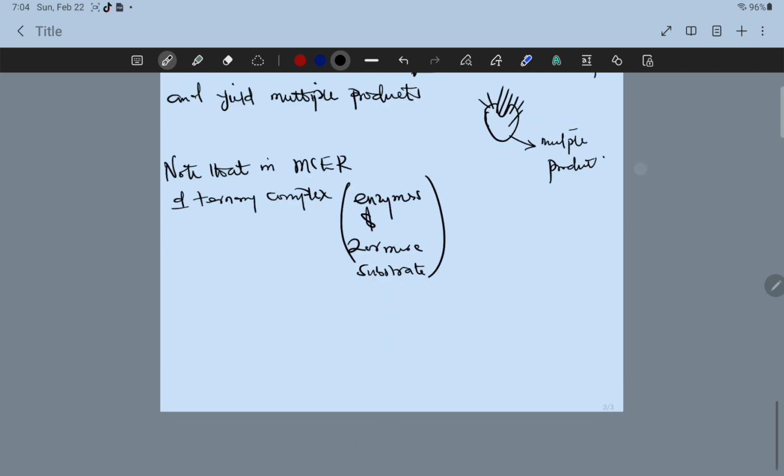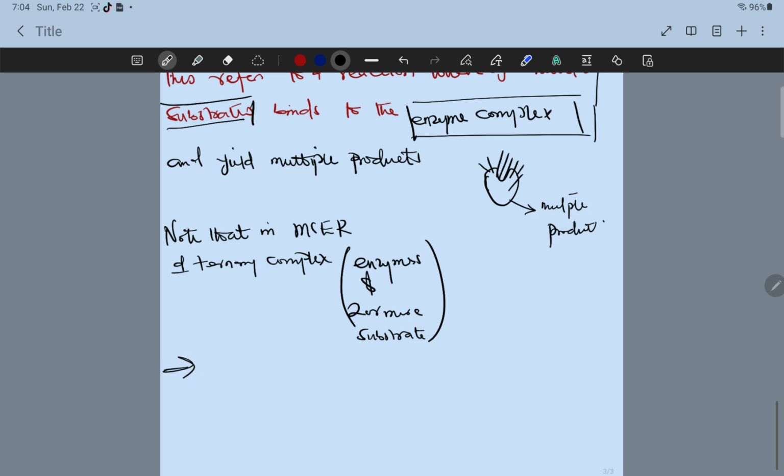In reality, you begin to find out that the most common enzymes are those that catalyze two substrates and yield two products. For example, we have alcohol dehydrogenase. That's a very classical example of multi-substrate enzymatic reaction. The rarest are those enzymes that catalyze 3 or 4 substrates and yield multiple products.